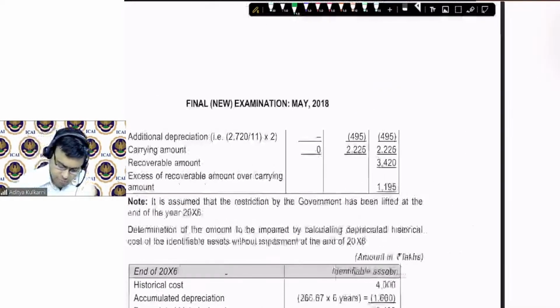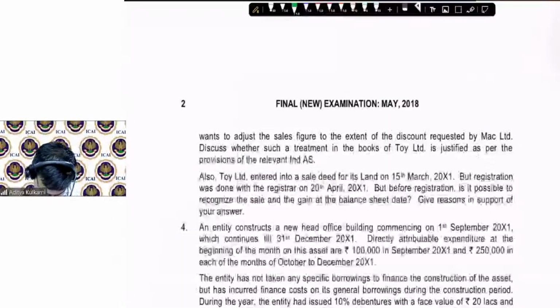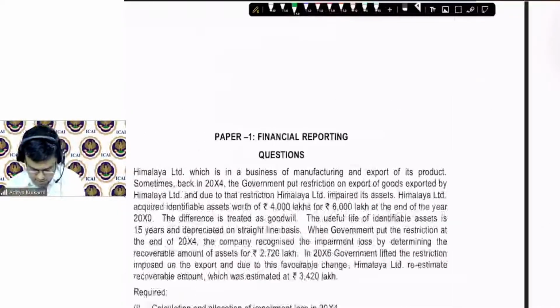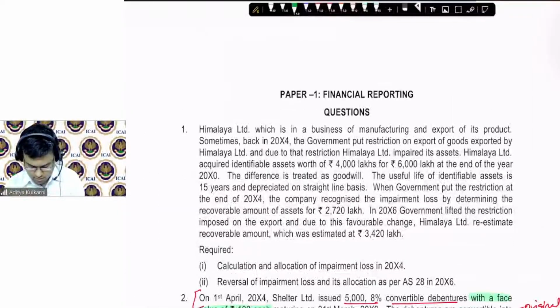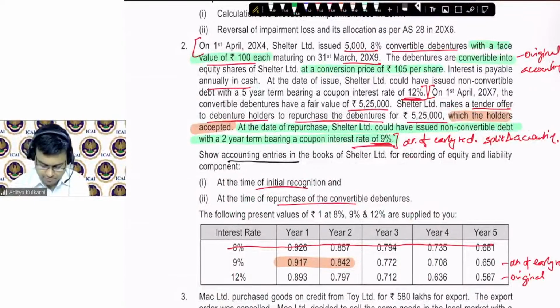If you look at the question, what are the discount rates which are given?